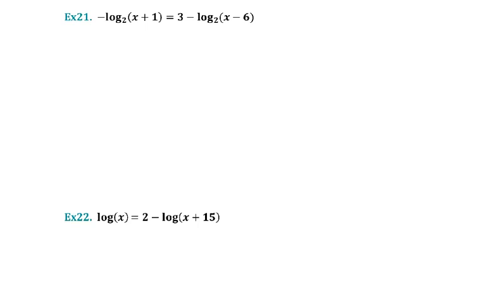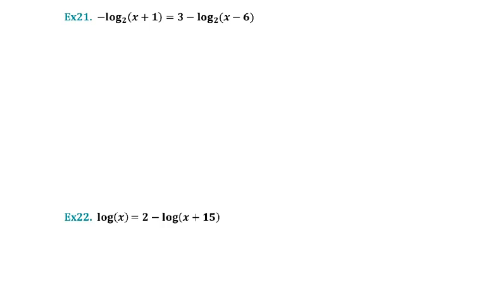All right, example 21. Negative log base 2 of x plus 1 equals 3 minus log base 2 of x minus 6. So again, I have a constant. I'm going to rearrange and isolate that constant.